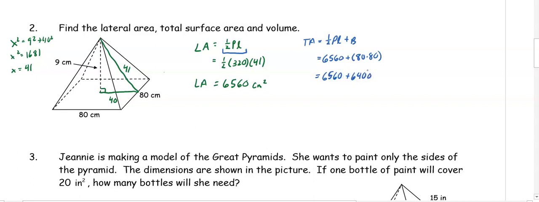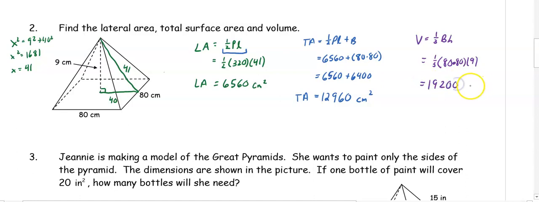And when we add those together, we get 12,960 centimeters squared for our total surface area. And then for our volume, it is 1/3 the base area times the height. So 1/3 80 times 80 times the height of 9. So when we multiply that together, we get 19,200 centimeters cubed for our volume.